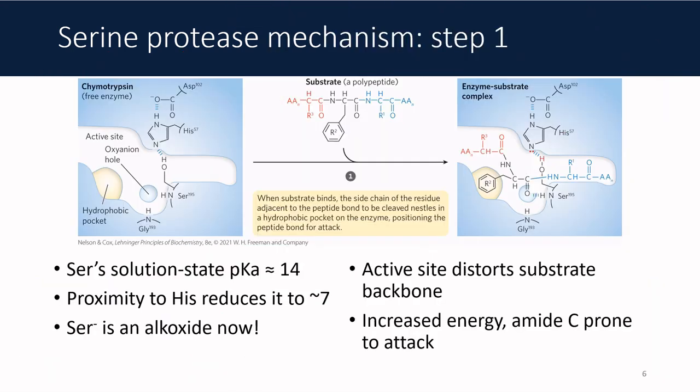We will now go through the 7 steps of the serine protease mechanism one by one together. I don't want you to panic because I will never ask you on a test to just draw me the mechanism from memory or from scratch. No. Instead, I want you to understand chemically what's going on in each of these steps.